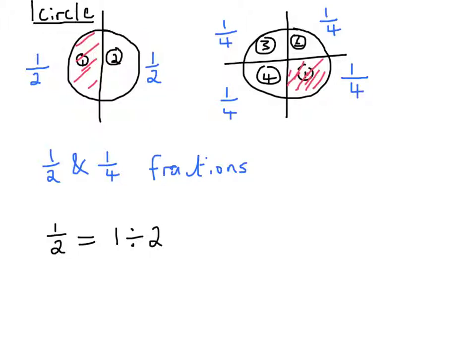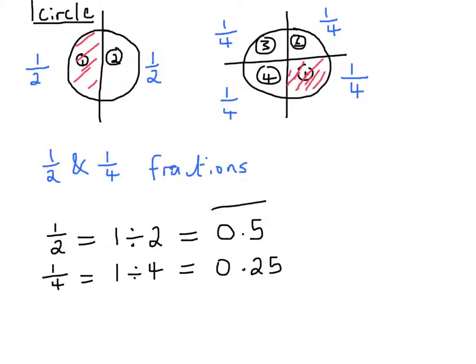If you divide 2 into 1, the answer you will get is 0.5. Likewise, if you have 1 over 4, that's equal to 1 divided by 4. So if you divide 4 into 1, what you get is 0.25. And these two numbers that I've just come up with are called decimals.